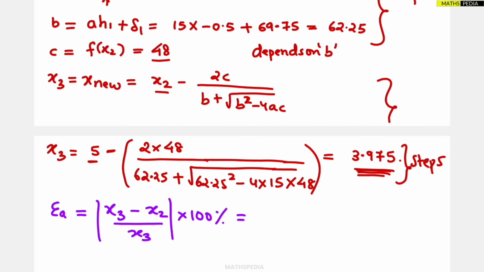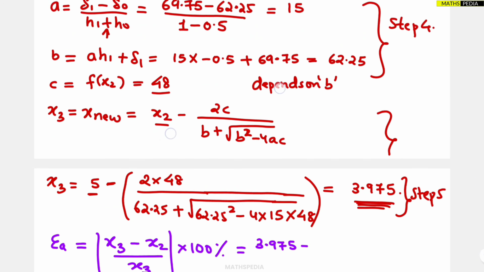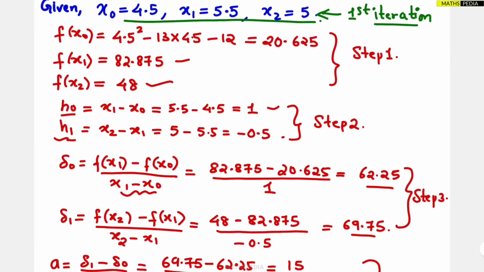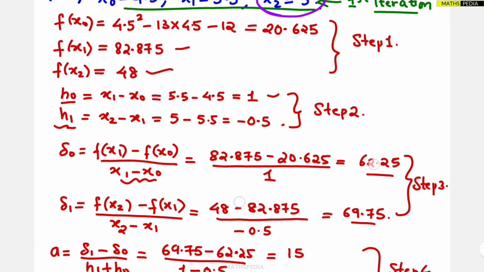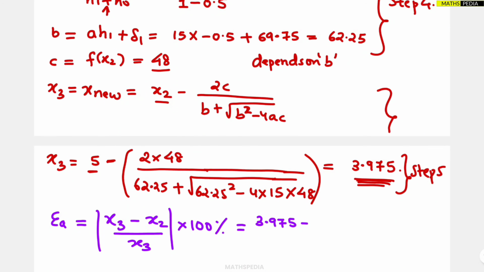So what is the x3 value? 3.975 minus x2 value. X2 is the last value, which is 5. 5 divided by 3.975, into 100%.